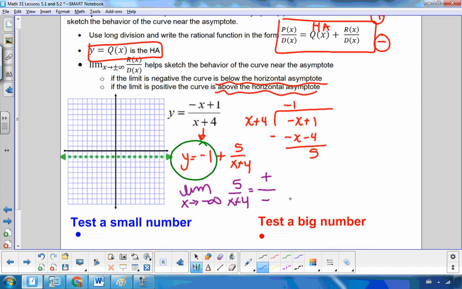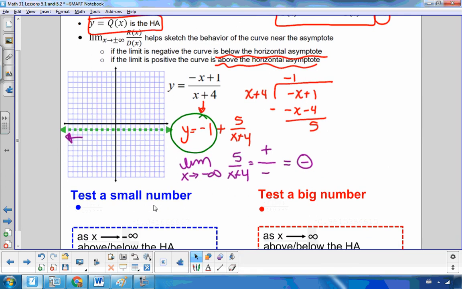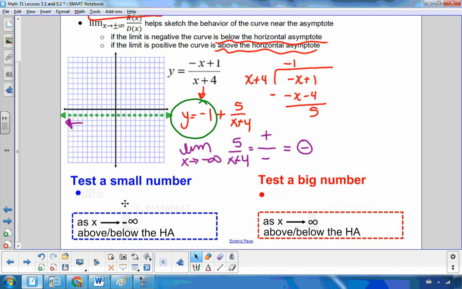And a positive divided by a negative is a negative. So I should expect to see, as x gets really big negative, the graph should be below the horizontal asymptote. So I can just check with that test method that I did before. If I take a small number like negative 100, plug it into the graph, my horizontal asymptote was negative 1, and you can see by that number I am below, so I know I'm right.